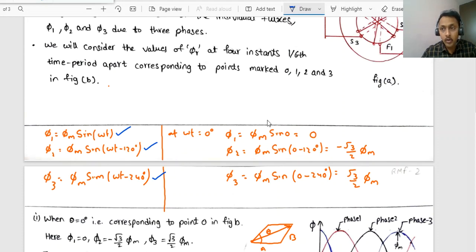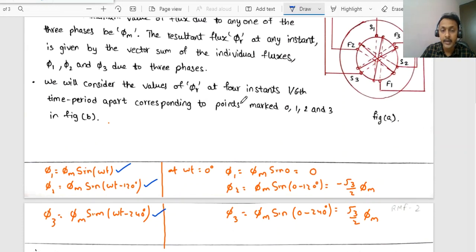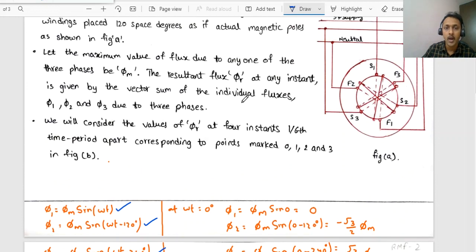Now, because of these three individual fluxes acting at a time, the resultant flux phi r at any instant will be equal to the vector sum of the individual fluxes. This is important. In this entire discussion, we are supposed to calculate the vector sum of all the individual fluxes acting at a time at a particular instant.